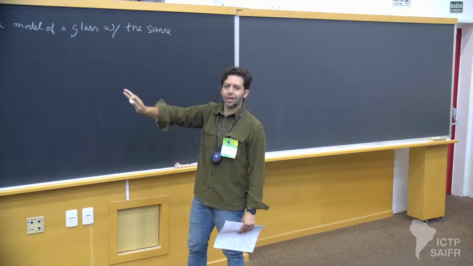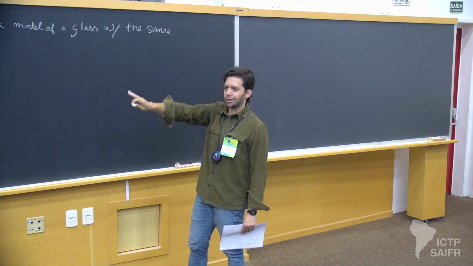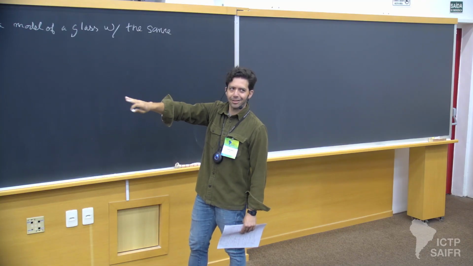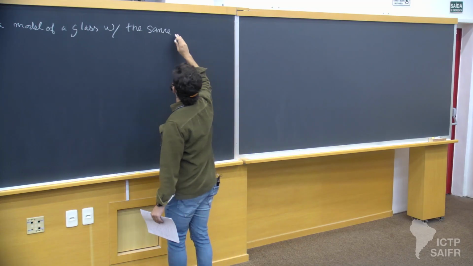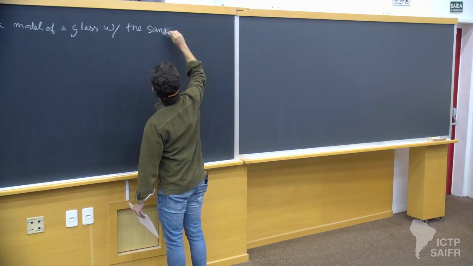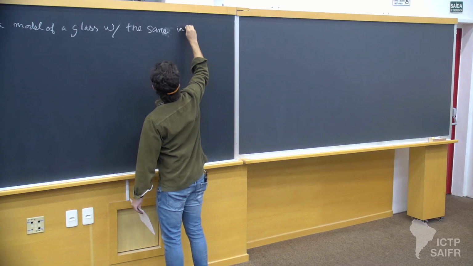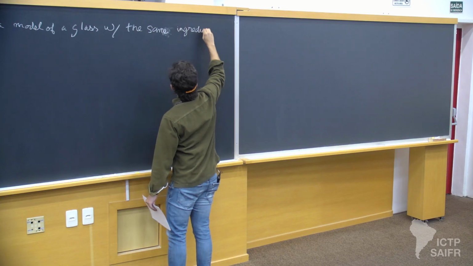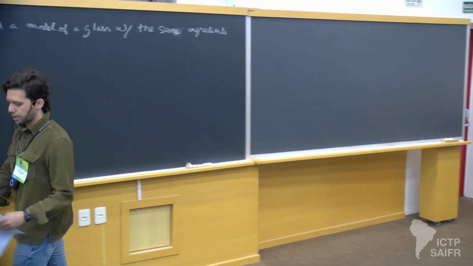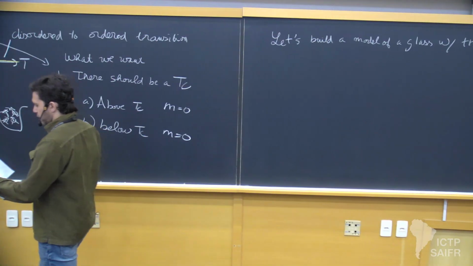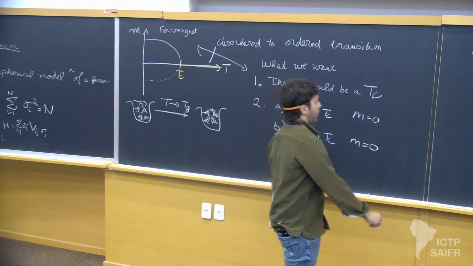The information about the lattice, we're going to do the same trick where we're going to do some kind of all-to-all interaction so that the details of the shape of the lattice will not be important. Okay, so how do we do that? So let's redraw this lattice.